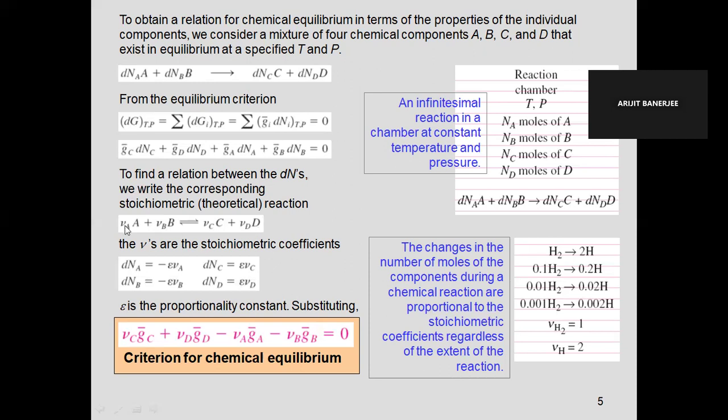So that will help us in understanding the number of moles of A that is consumed, the number of moles of B that is consumed during this infinitesimal reaction, and the number of moles of C and D that are produced. So this will be in accordance with the stoichiometric coefficient. They will be proportional to the stoichiometric coefficient. And the proportionality constant epsilon is a very small number.